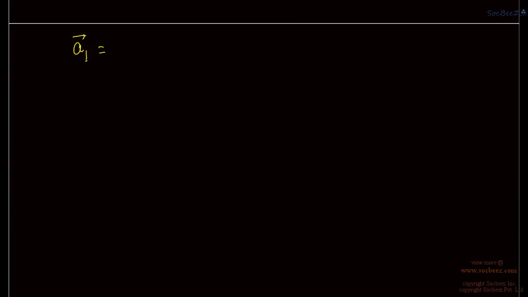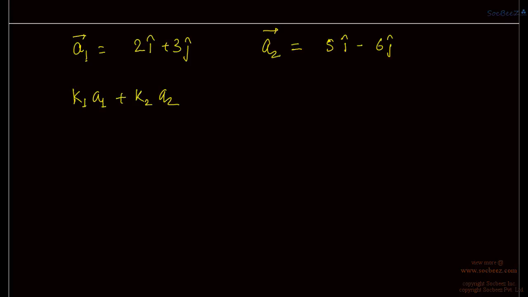For example, say we have a vector a1 as 2i plus 3j, and a2 as 5i minus 6j. So a linear combination of a1 and a2 can be written in the form k1 a1 plus k2 a2, where k1 and k2 are any constants.